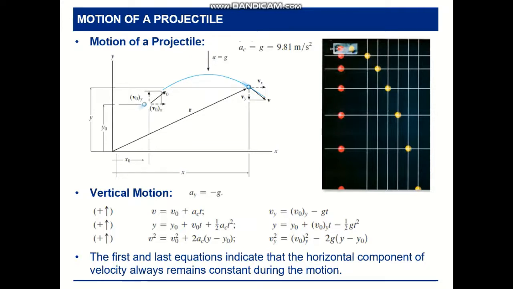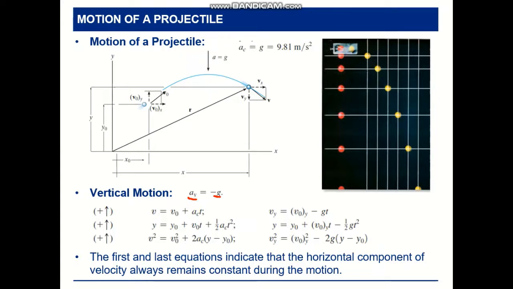In the vertical motion, we are taking ay, the acceleration of motion in y direction, as minus g, and the velocity is going to be, we are going to apply here, velocity of y is equal to v0y minus gt, and y position is equal to the initial position plus the initial velocity of y multiplied by t minus 1/2 gt square, and the final velocity of y direction square is equal to initial velocity of y square minus 2g (y minus y0).